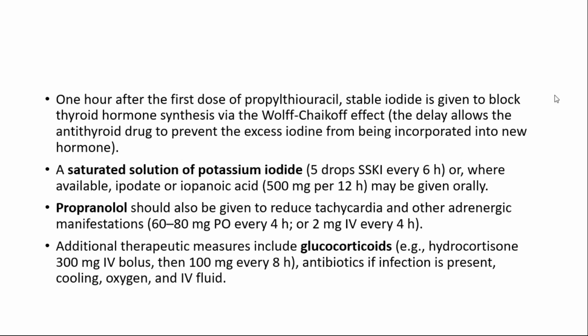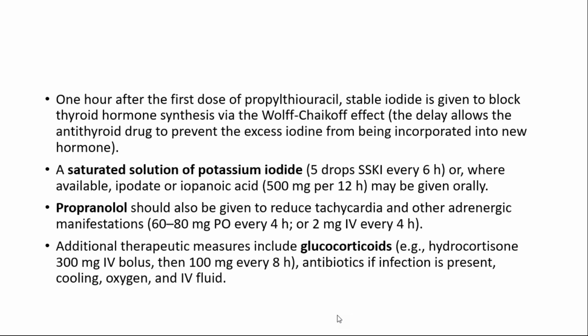Next, we have to give SSKI, that is saturated solution of potassium iodide, 5 drops every 6 hours, given orally. Propranolol should be given to reduce tachycardia and other adrenergic manifestations of thyrotoxic crisis.